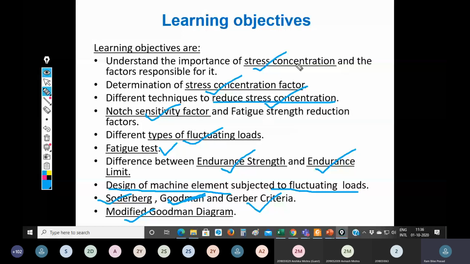You should check whether you know stress concentration, how to determine it, how to reduce it, the different types of fluctuating loads, endurance strength, endurance limit, and most importantly, you should be able to design the machine elements subjected to fluctuating loads, using the different criteria: Soderberg, Goodman, modified Goodman.